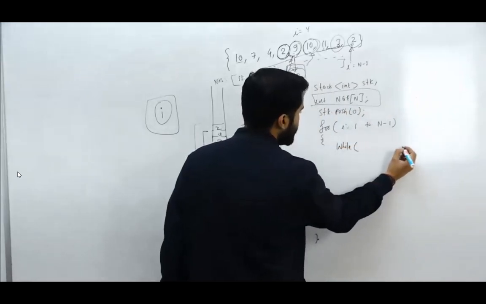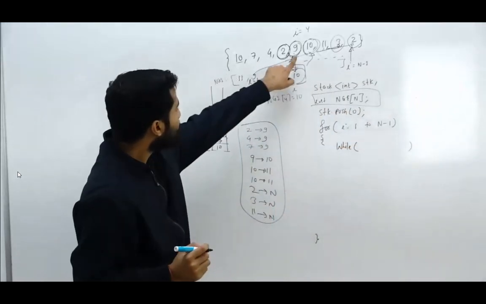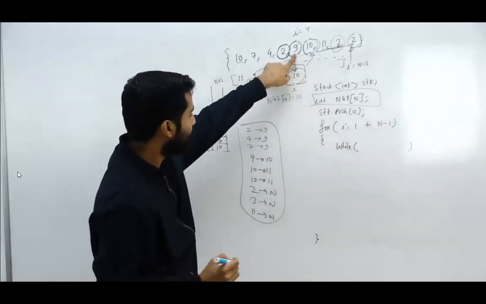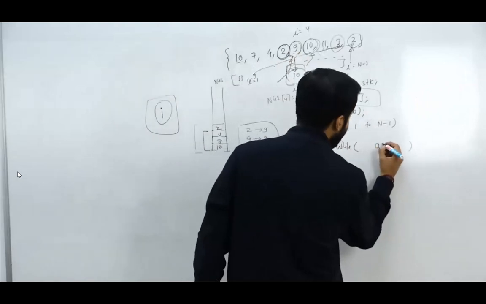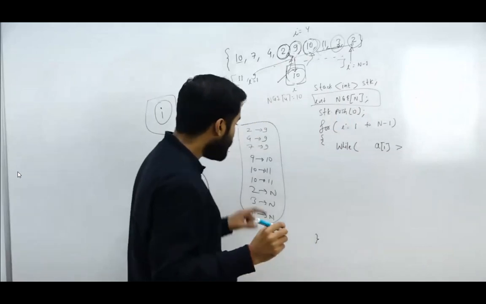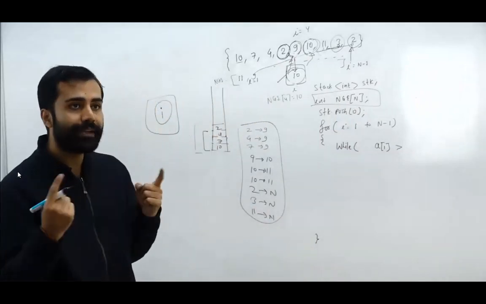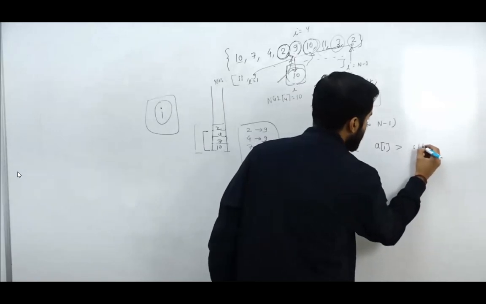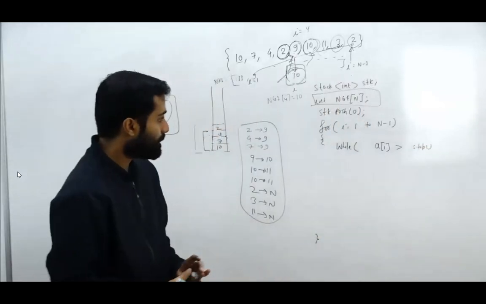And here you would love to say that, hey, as long as my current element, what is my current element? It is at index I, so it is array I. So as long as my array I is greater than the top of the stack. Now, how do I get to know top of the stack? Top of the stack is s dot top. Now, say one thing.